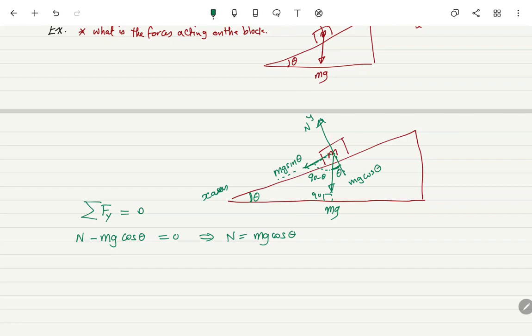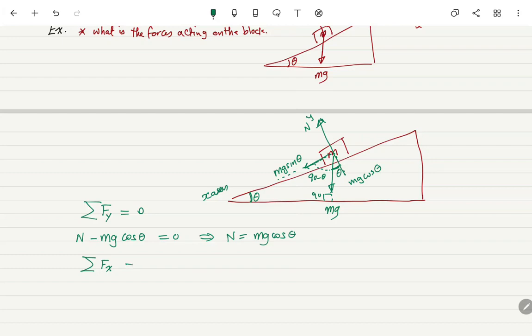Now to find the acceleration, the sum of all forces on x. This is the x-axis, as we mentioned before, after we rotated the xy coordinates.